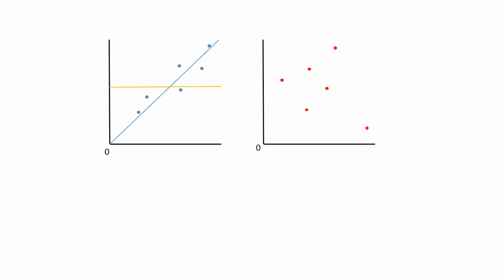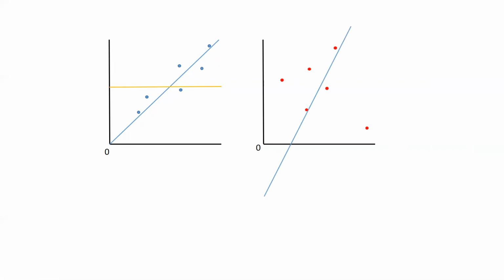Just to recap, we have a line of best fit. This is SS fit, this blue line. This yellow line is SS mean. So this might be our line of best fit, and we have a random sample on the right here.